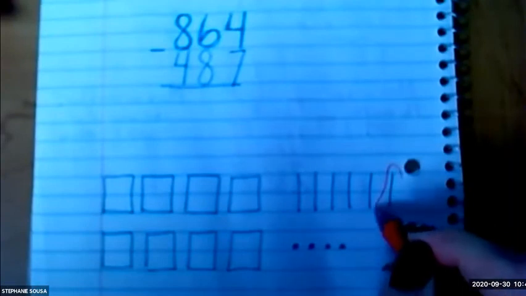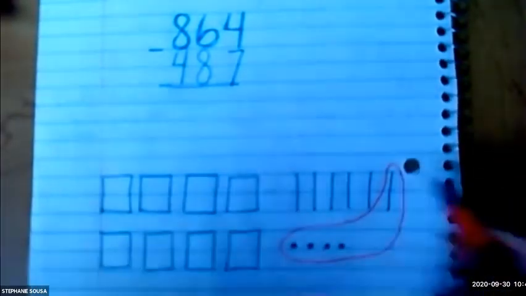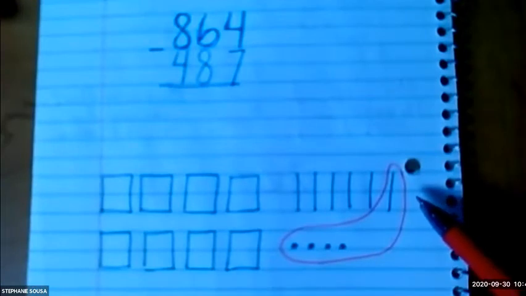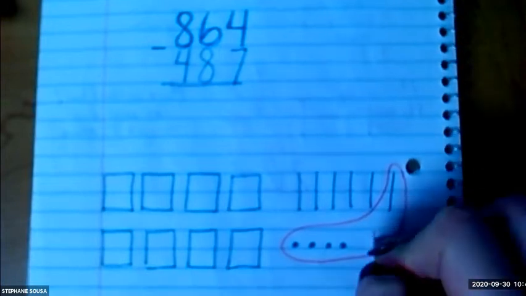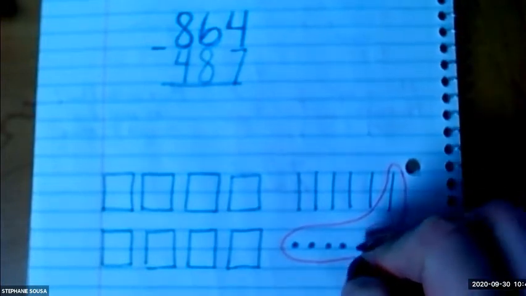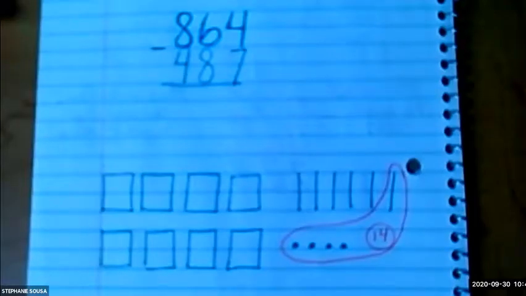So I have to take a 10 and regroup it. So I'd like for you to draw a circle around one of your 10s and the 4 ones that you have to show that you now have 14 ones. And I'm actually going to write a 14 inside of my circle as a reminder. Because I know that when I have 1 ten and 4 ones, it's equal to 14.